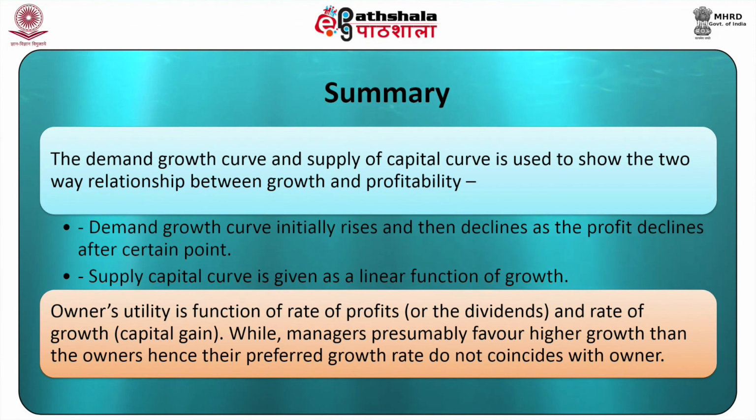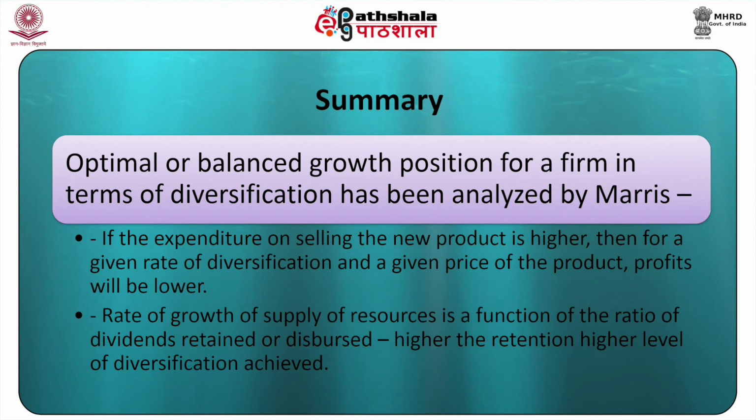The owner's utility is a function of the rate of profits or the dividends and the rate of growth, which is the capital gain. Managers presumably favor higher growth than the owners, hence their preferred growth rate does not coincide with the owners'. The optimal or balanced growth position for a firm in terms of diversification has been analyzed by Marris.